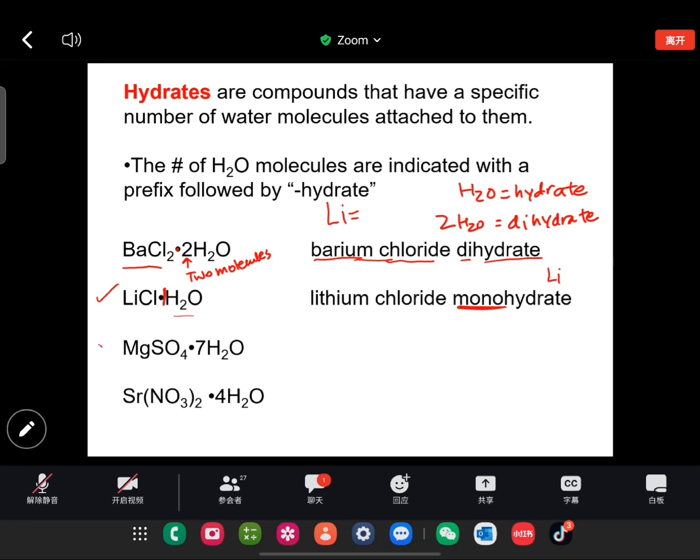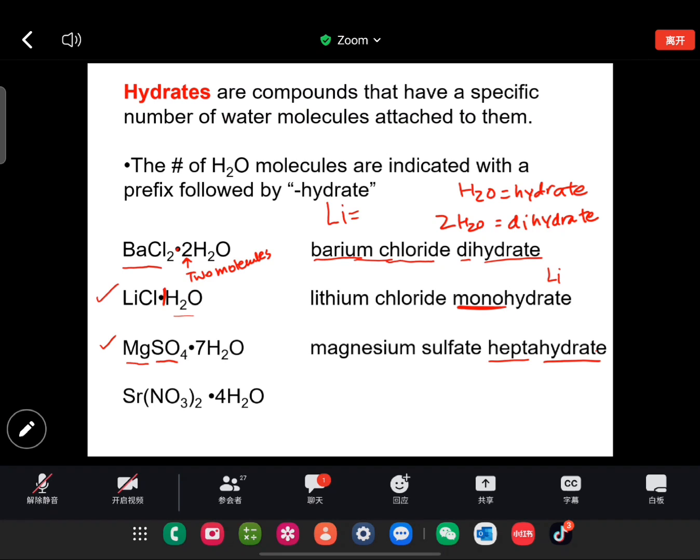Okay, who will tell me MgSO4.7H2O? Mg stands for magnesium, SO4 is sulfate, and for 7, the prefix is heptahydrate.